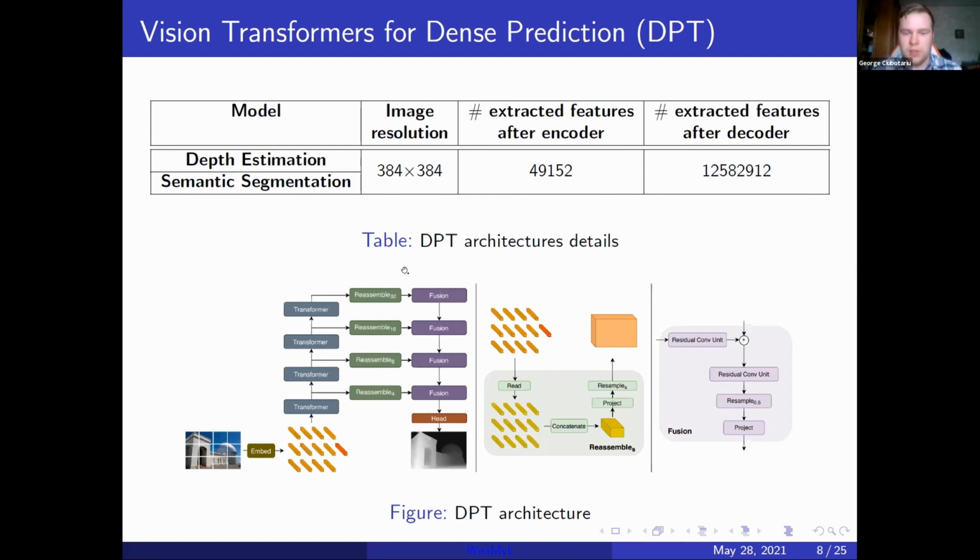And after the decoder, there are going to be 12.5 million features, which is actually too many, and we are not going to discuss them much because the computational cost is too high and the performance is a bit worse than that of the encoders, so we're not going to include it in the future comparisons.